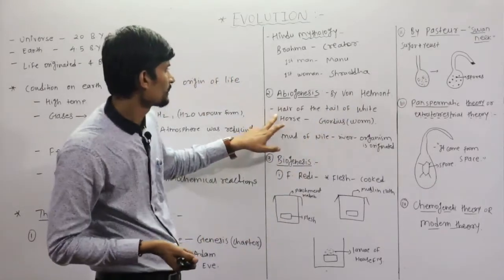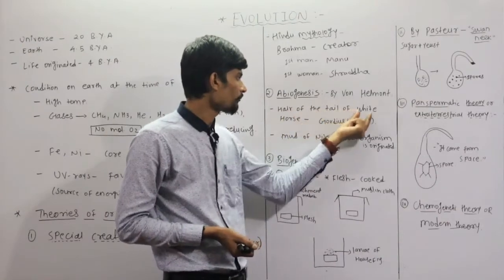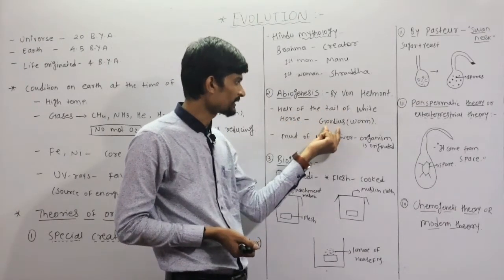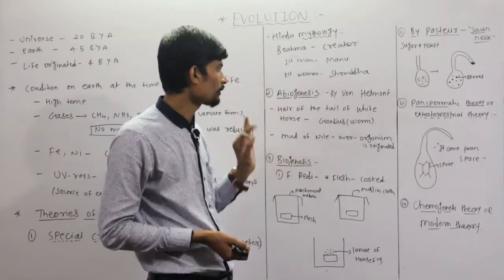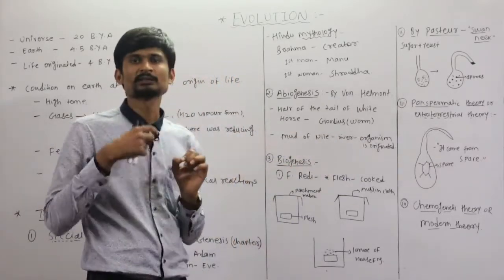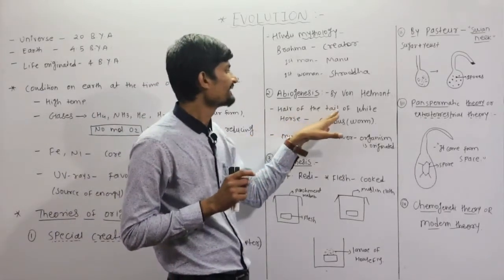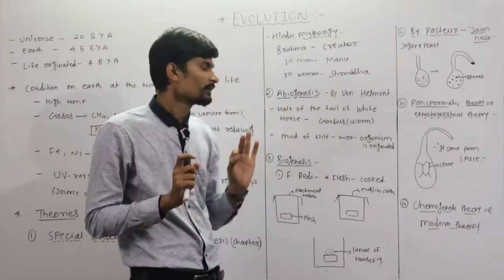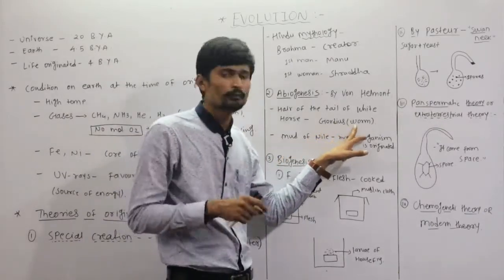According to this theory of abiogenesis, the hair of the tail of a white horse forms the gordius. Gordius is known as a worm. That means the first living organism is formed from the hair of the tail of a white horse. That organism is called gordius, which is a worm.